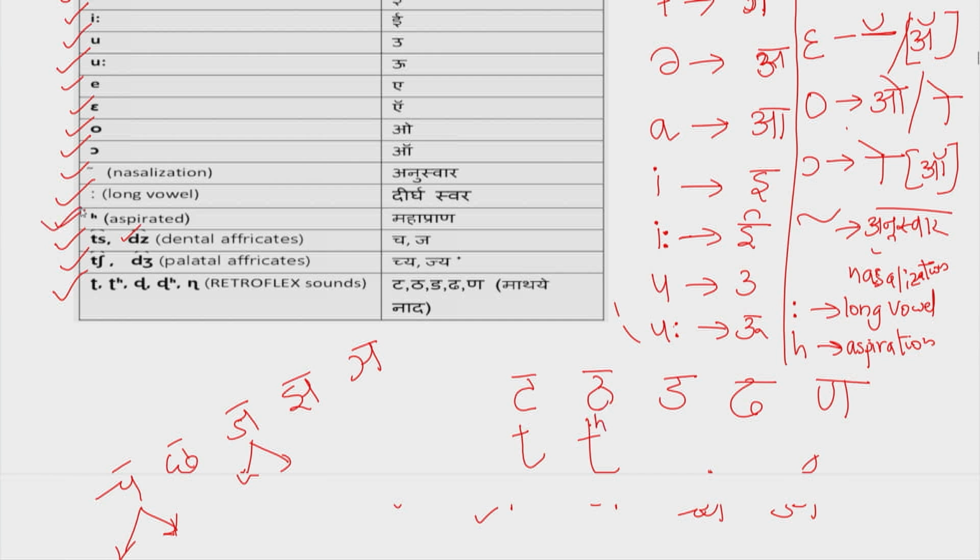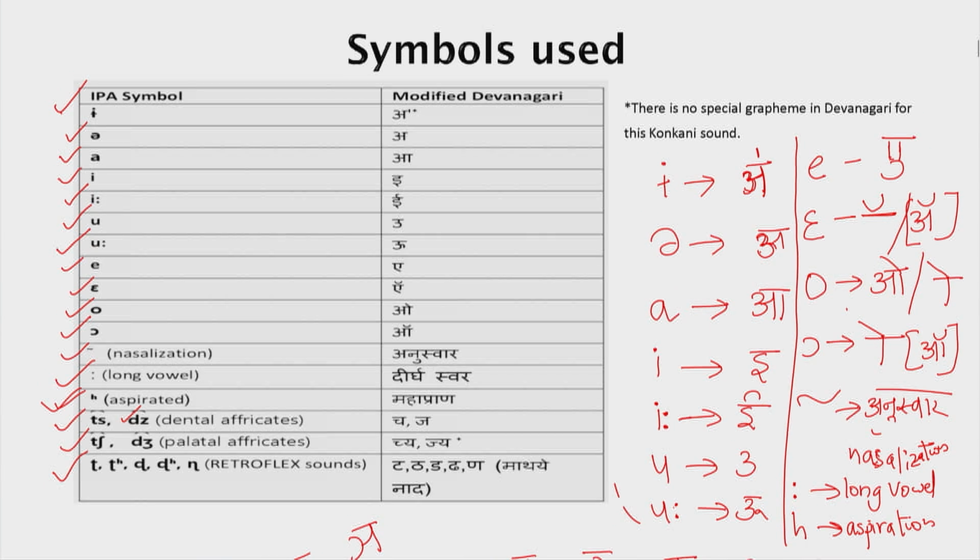This is D, D with a hook. This is D, D, and this one. And N is N with a hook. T, Th, D, D, N. So these are the symbols. There are other ways of writing or representing sounds in a language, but I think this is the best way because this is the way we can represent or show the distinction in the sounds of a language properly.